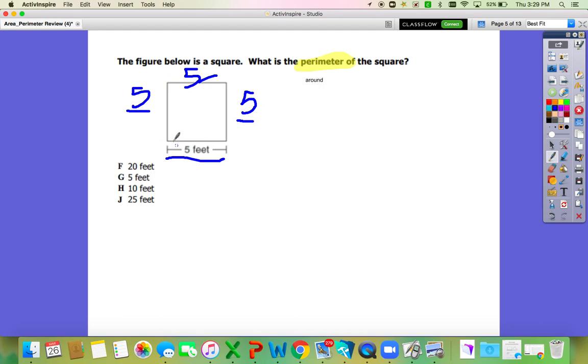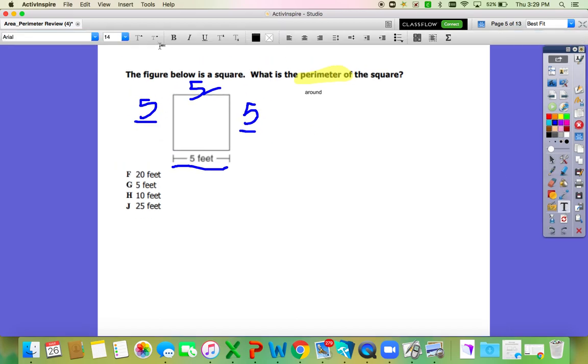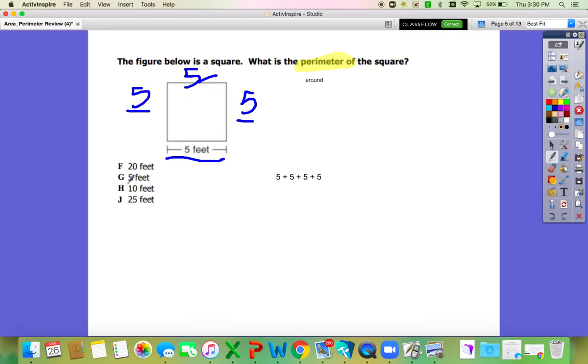I have 4 5s. So if I am going to write out my equation, it would look like this. 5 plus 5 plus 5 plus 5. Again, repeated addition. And I would get 20 feet. Oop, covered up my answer there.